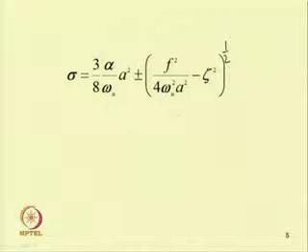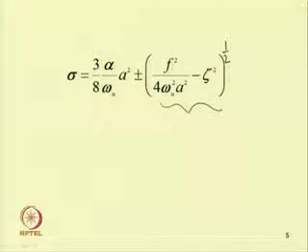First one has to find this term. When this term is positive, one can find these two roots, and if it is negative, it will yield an imaginary term. So, one has to first check for what value of the forcing parameter one gets real roots.